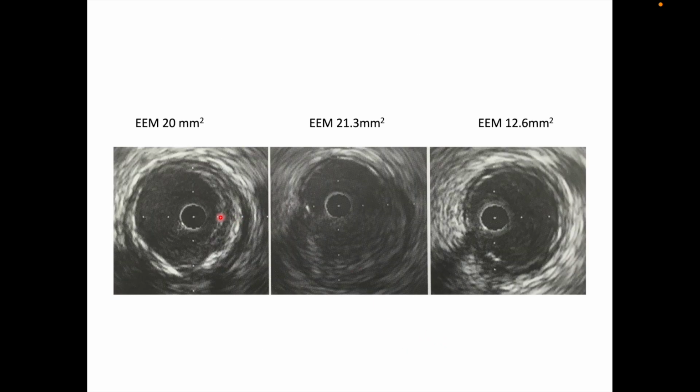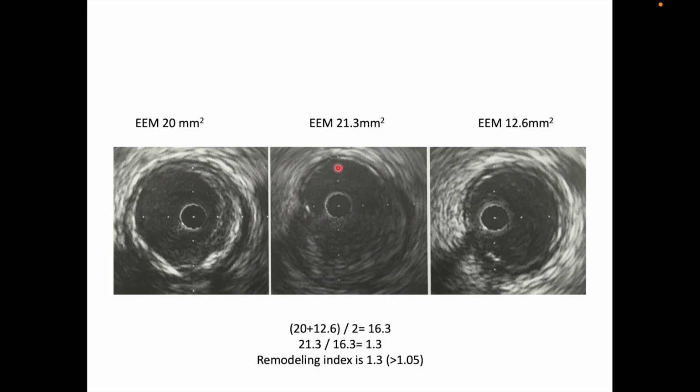On the other hand, you can see here the external elastic membrane area is 20 millimeter square, whereas at the site of the lesion it is 21.3 and at the site of the distal reference segment it is 12.6. So this one is bigger at the site of the lesion, even bigger than the proximal reference segment. So this is positive remodeling on eyeballing.